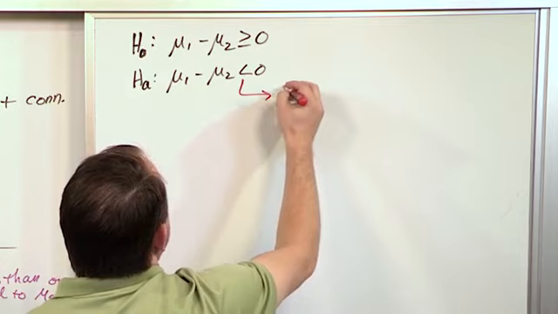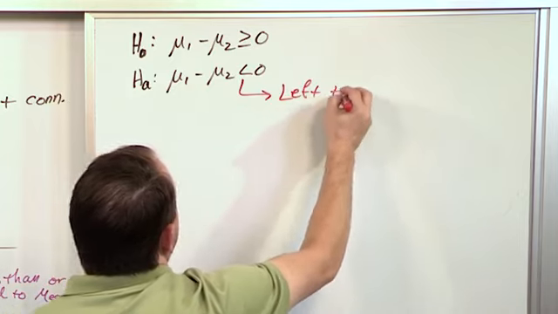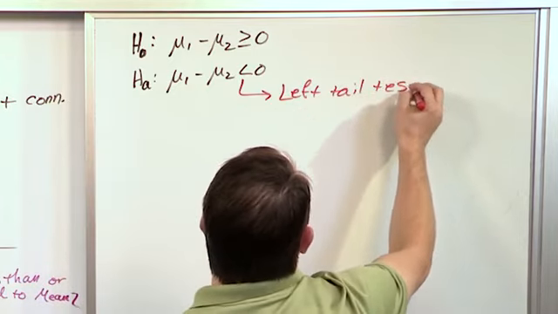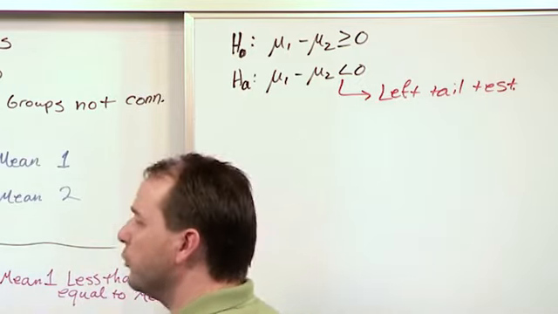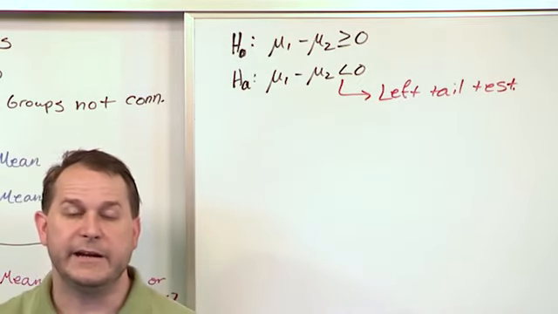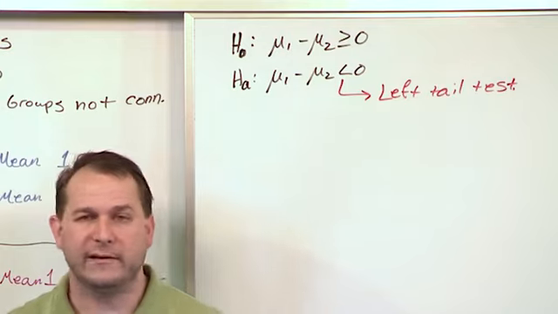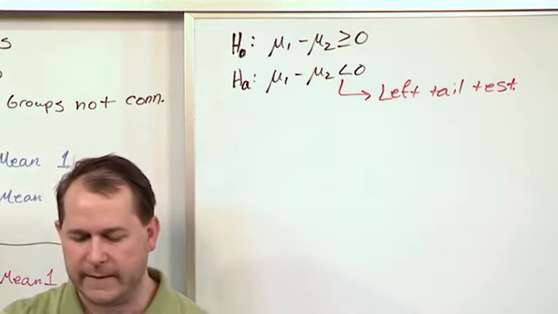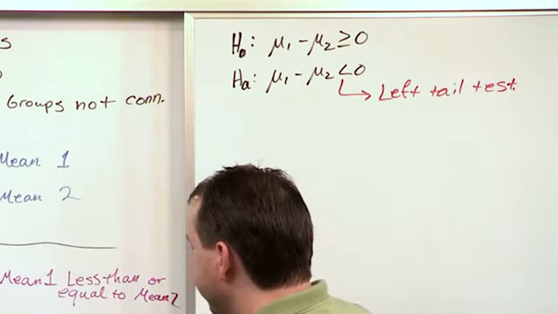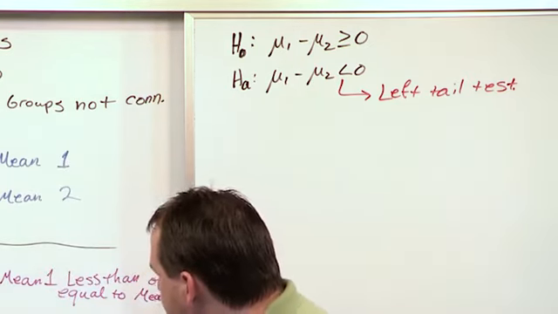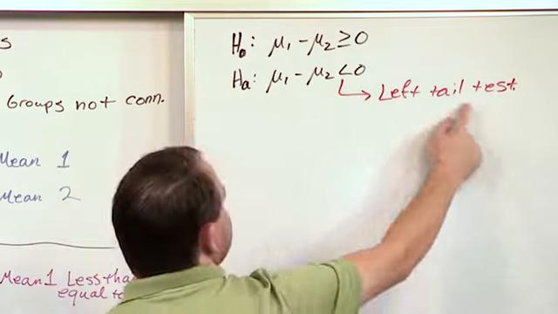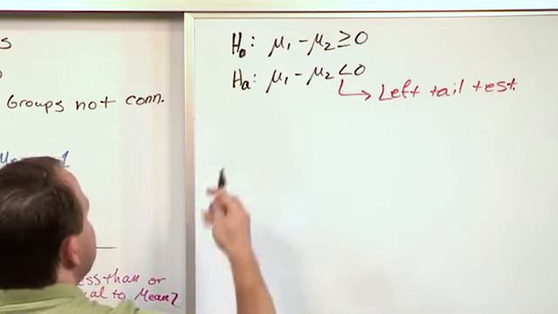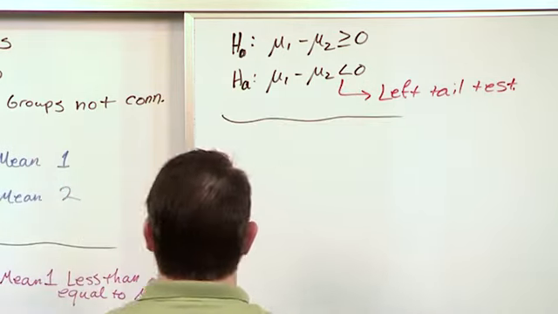Because this points to the left, this is a left tail test. So you see, you don't flush what you learned before. The bottom inequality still points left or right, and it still tells you if you have a left or a right tail test. And as you might guess, if this guy points to the right, giving me a right tail test, and this guy points to the left, giving me a left tail test, then you most certainly can have a two-tail test as well.